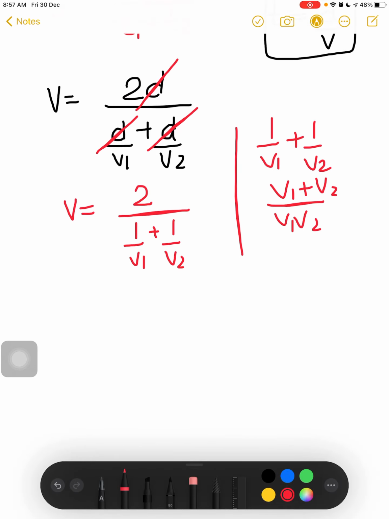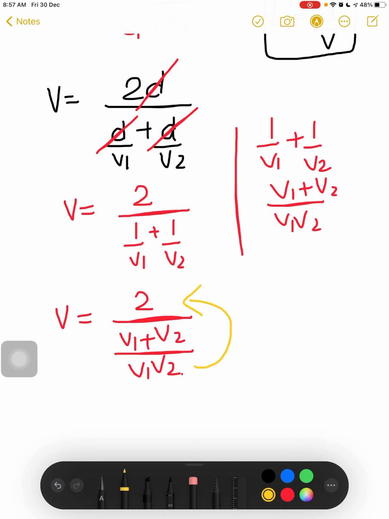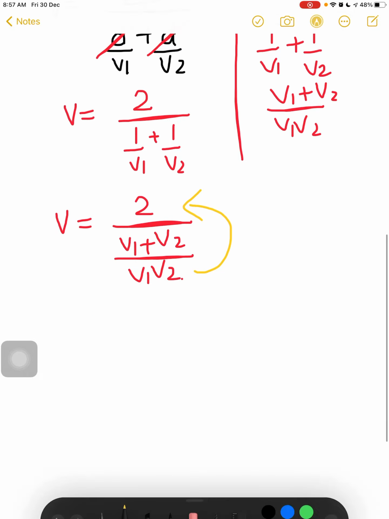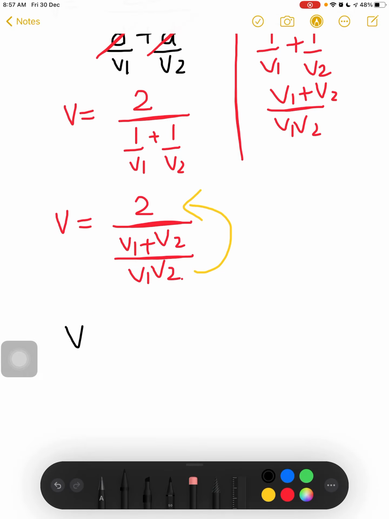Now what will happen? V is equal to 2 upon v1 plus v2 upon v1 v2. Now this will go up and it will become v is equal to 2 v1 v2 upon v1 plus v2.